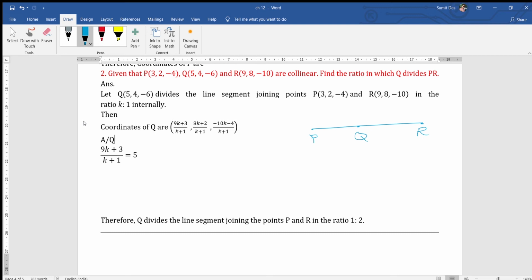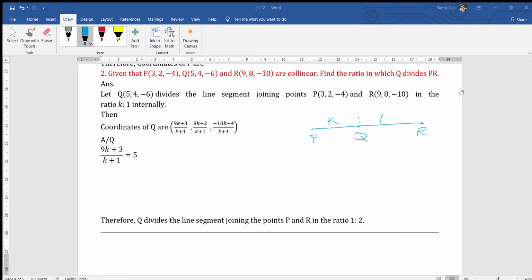That means we are taking this ratio as K is to 1. Let Q divide the line segment joining P and R in the ratio K is to 1 internally. We are taking just the internal ratio. Whenever this kind of question comes, where we have to find the ratio, always try to take the internal ratio.